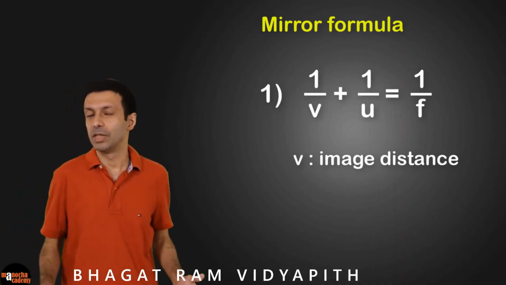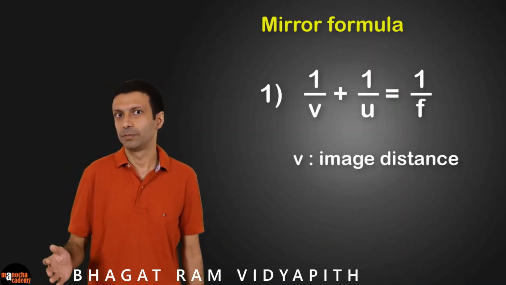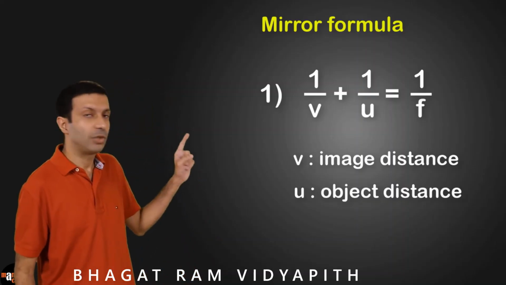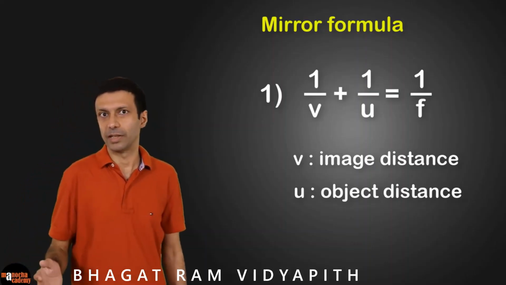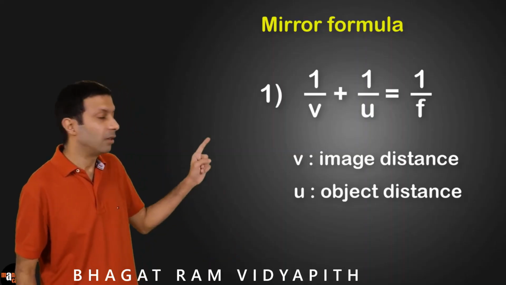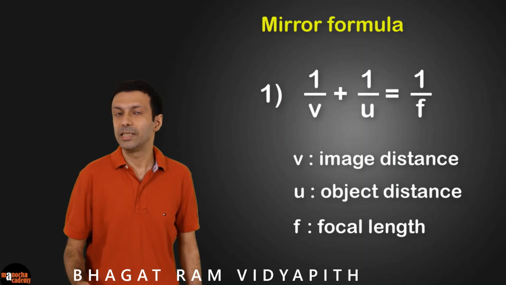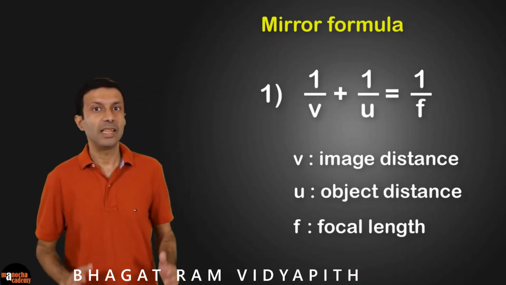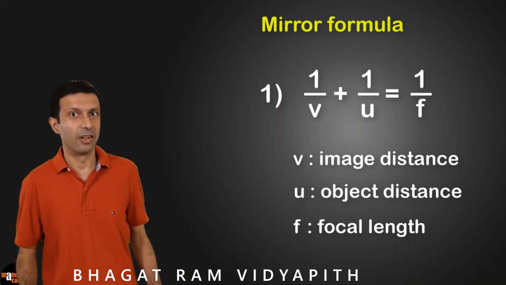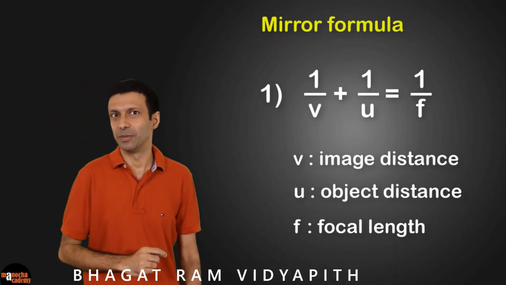So v, the image distance, is the distance from the pole to the image. u, the object distance, is the distance from the pole to the object. And f here is the focal length of the mirror. So it's the distance from the pole to the focus of the mirror. These distances have a sign, positive or negative, based on the sign convention.